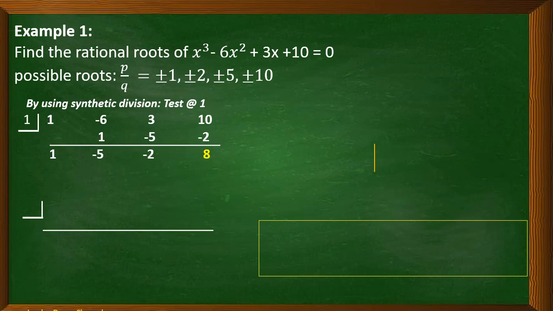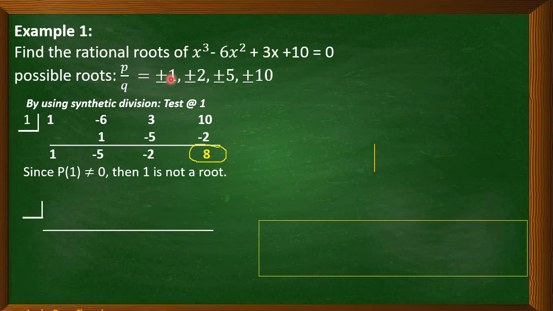Since we have a remainder of 8, it means that 1 is not a root, since p of 1 is not equal to 0.